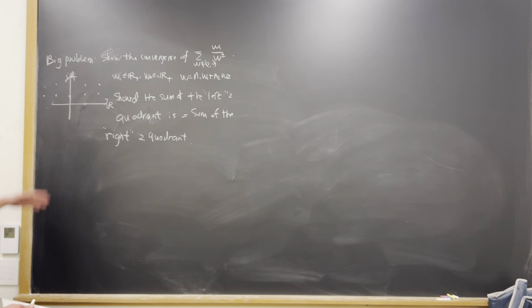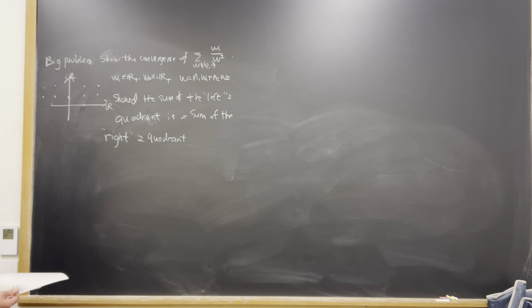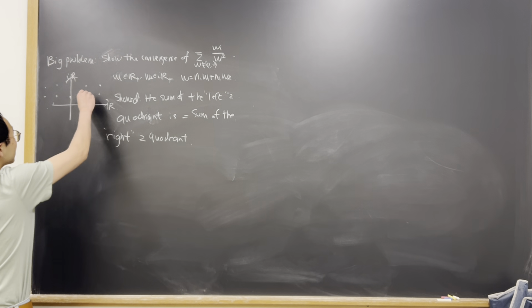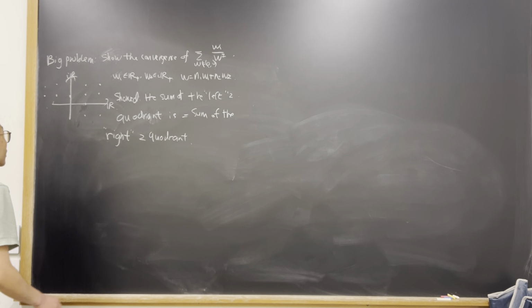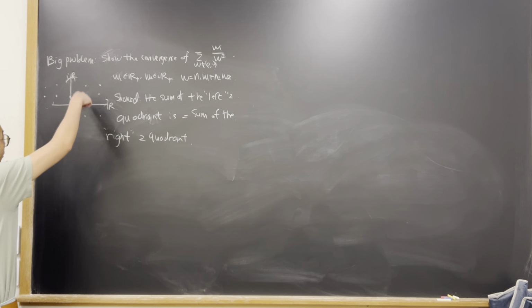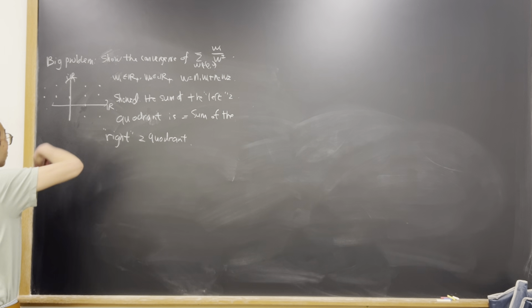So we just ignore them for a while. For the lattices here, we also showed that the top and the bottom one have the same value, so here we just show the top one.